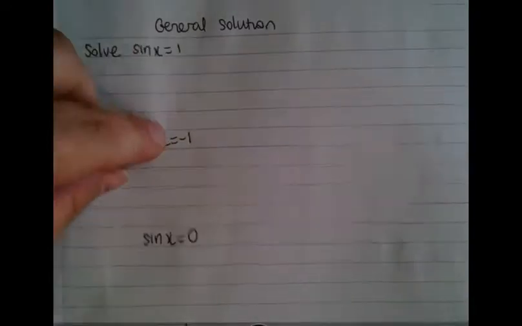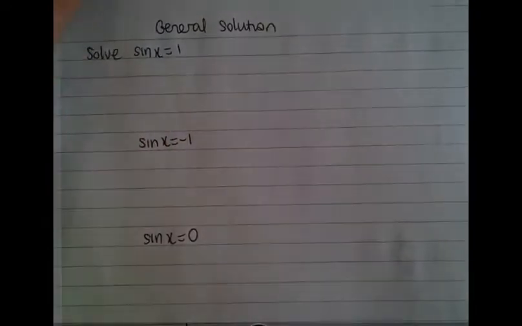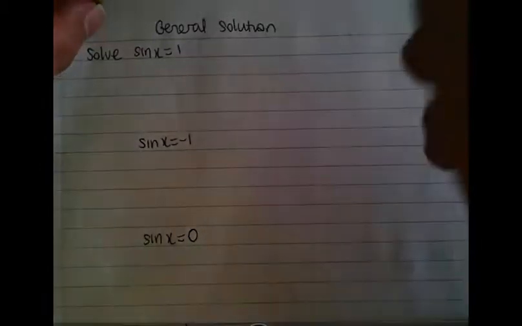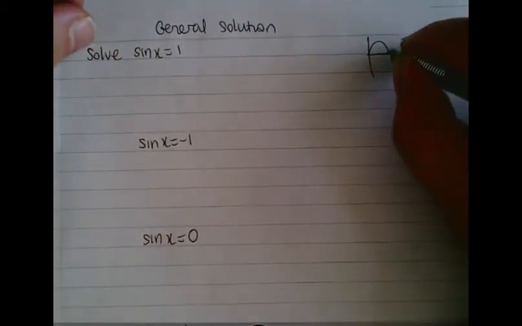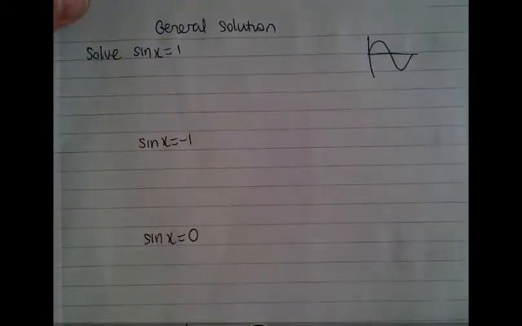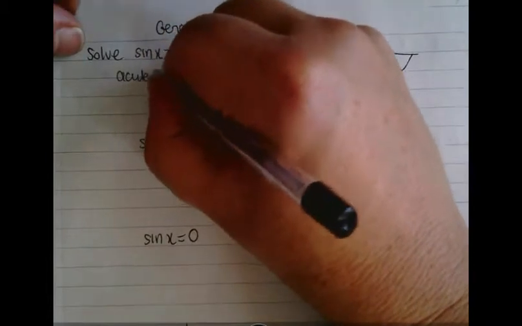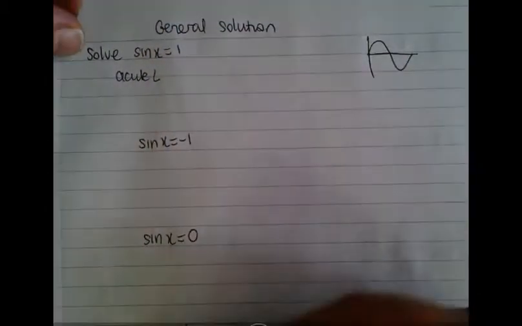General solution of ones like this. Remember, it's meant to be the acute angle. Sine of what? I'm going to do a little sketch of the sine curve here. Because sine of what is 1? Sine of 90, or pi on 2. So with this one, your acute angle x, you need a little quick sketch to work out your first angle.